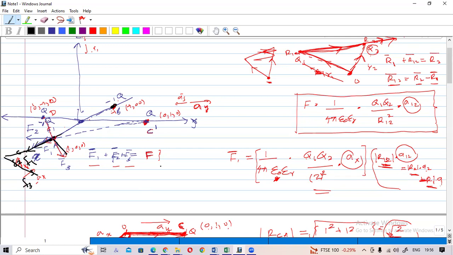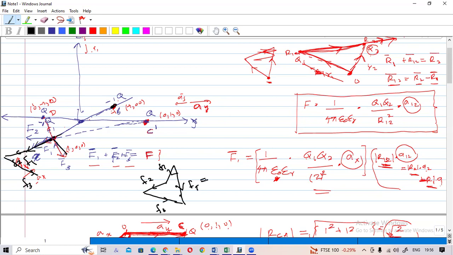So you have F1 here in this direction, F2 in this direction, F3 in this direction. So how to find the total vector? This will be the total force, F total.